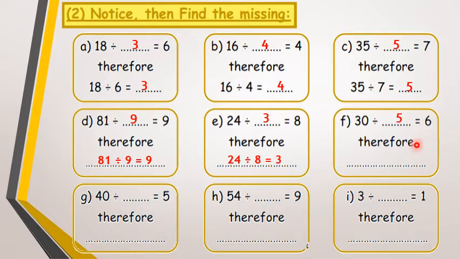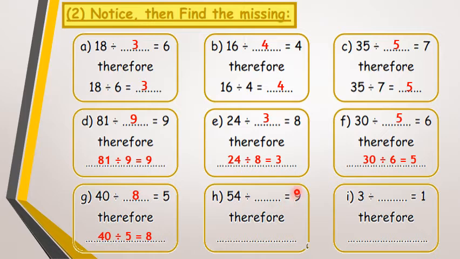It's 5. As I multiply 5 by 6 to give me 30, I know that they are factor pairs for 30, so 30 divided by 6 will give you the other factor, 5. 40 divided by what gives you 5? It's 8 because it's a factor pair for it. So I will divide it by the other factor and it will give you this factor.